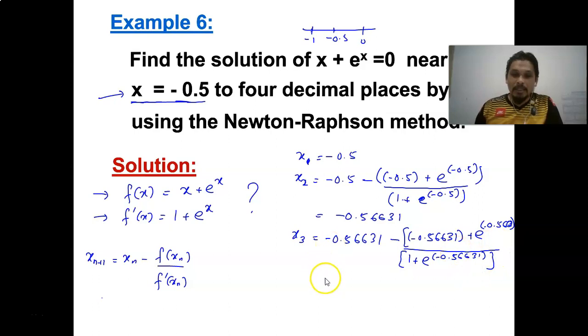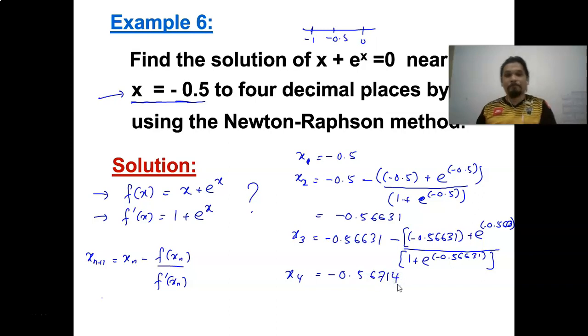Okay, again use the calculator. It gives you x4, which is negative 0.56714. Okay, now we are going to compare between this x2 and x3.